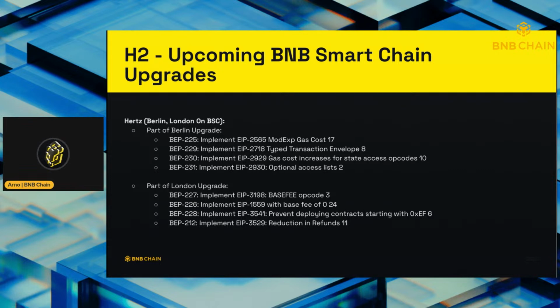On the BSC network, the base fee is going to be set to 0, which is really important for new developments, such as account abstraction, to make it seamless to integrate between different EVM platforms. All of those EIPs are going to be brought into the BSC network either at the end of August or early September.